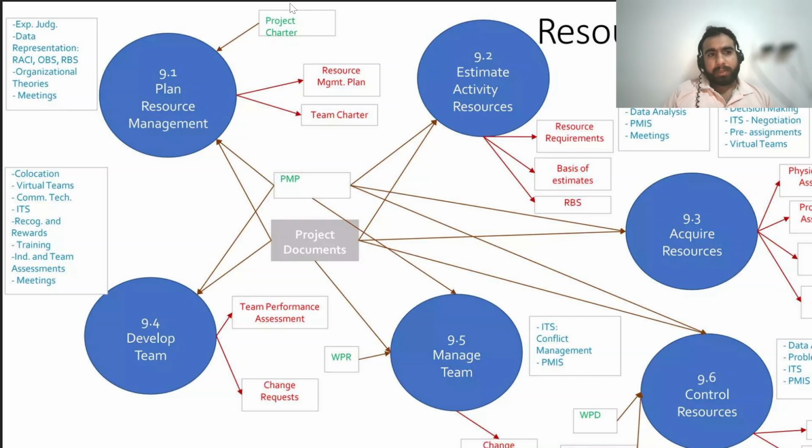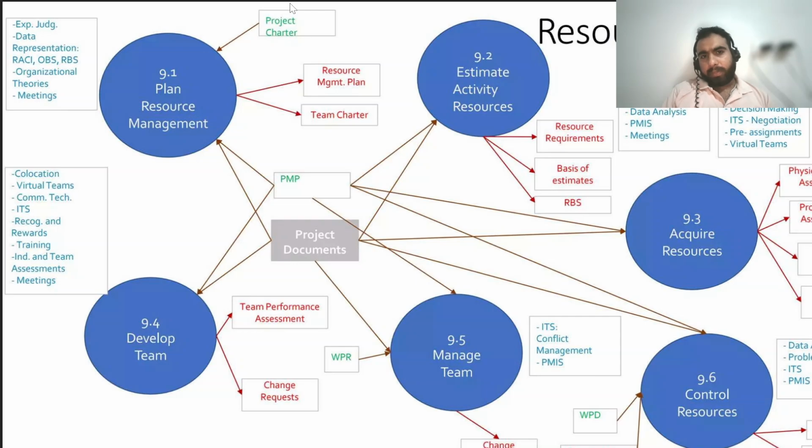The resource management plan is a top one, and in the resource management plan, we will work with the data representation technique, which is RACI, OBS, RBS, organizational theories, meetings, team charter.